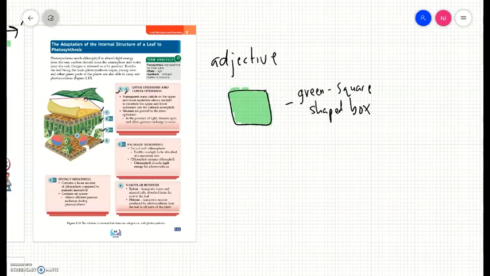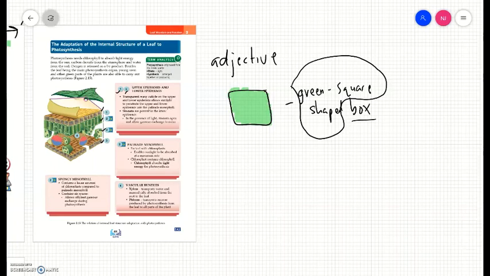Green square shaped box. Okay, I want to explain about the box, tapi dalam ayat di depan tu I already give you the hint of how it looks, what the color of the box is. Boleh faham tak? A green square shaped box. Teacher tidak akan cakap the box. I will directly explain to you a green square shaped box.